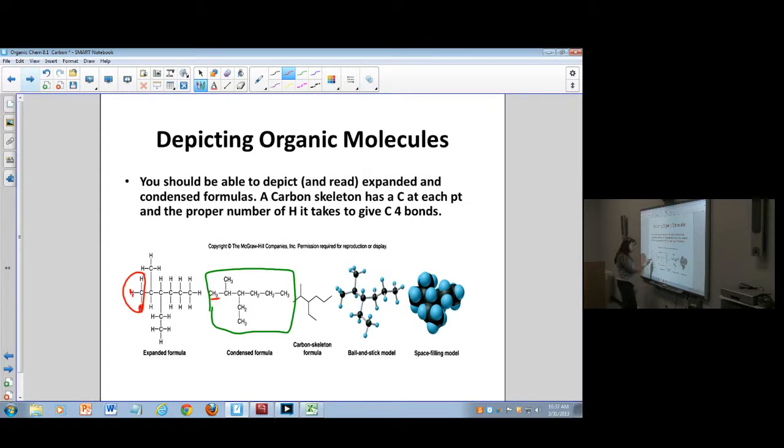This group is bonded to a hydrogen and something else. So here's the hydrogen, and here's the something else. In this case, that's a methyl group, etc. So we'll learn how to do this condensed formula, and you're going to need to be able to go back and forth between the condensed and the expanded formula.